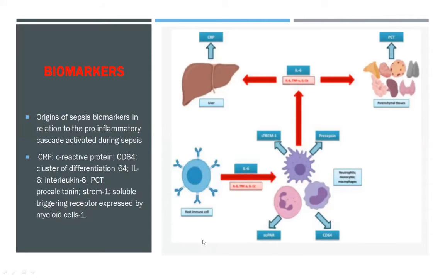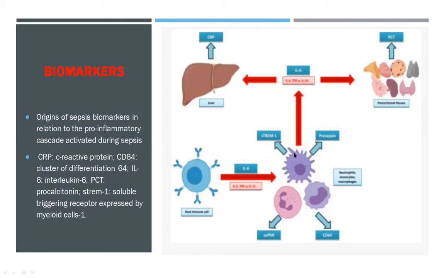Coming back again to the pathobiology to understand the biomarkers of sepsis, the PAMPs released from the pathogens and the DAMPs released from the damaged tissue stimulate the host immune cells to release interleukin 6, tumor necrosis factor alpha or interleukin 1 beta, which in turn, predominantly interleukin 6, stimulates the PMNs, that is polymorphonuclear leukocytes, the monocytes, neutrophils or macrophages, to release inflammatory mediators such as sTREM-1, presepsin or suPAR or CD64.